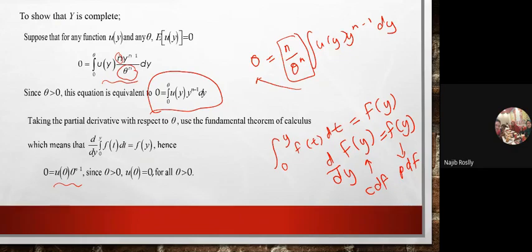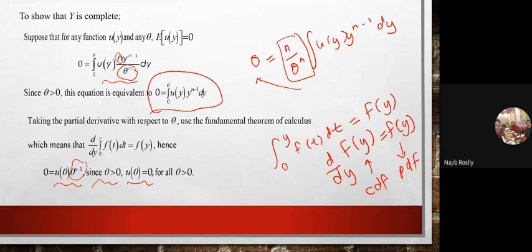Since theta is greater than 0, the only way to make sure that the expected value is equal to 0 is by setting the coefficient u(theta) equal to 0, because theta to the power n minus 1 must be greater than 0. That is its restriction. So the only way is to set u(theta) equal to 0 for all theta.